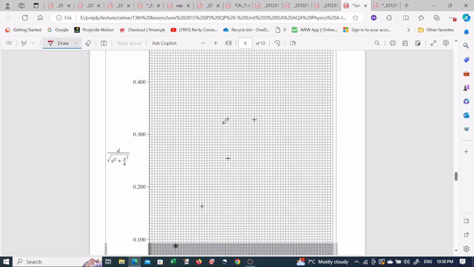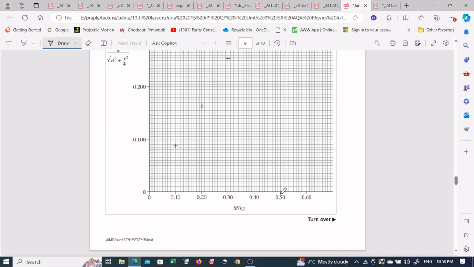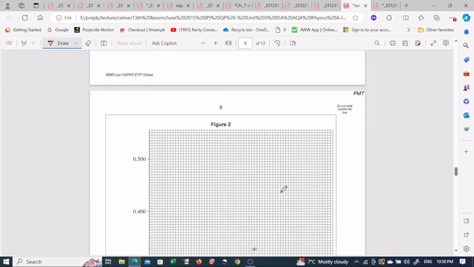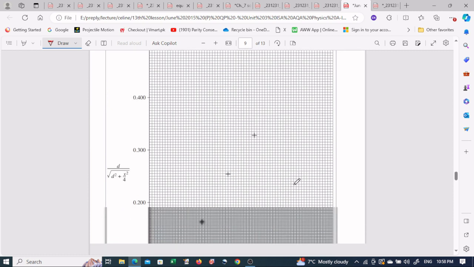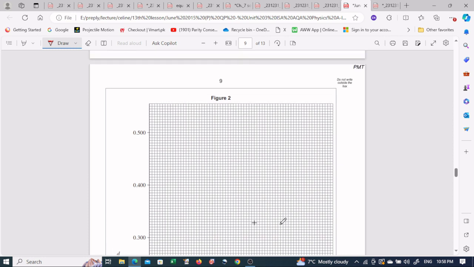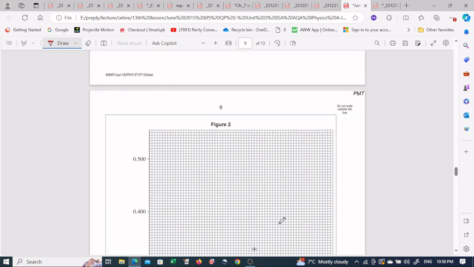So we draw these two points on the graph on page 9. Against 0.5 we have to draw 0.416. 0.5 is along the x-axis this way, and along the y-axis we have 0.416 this way.